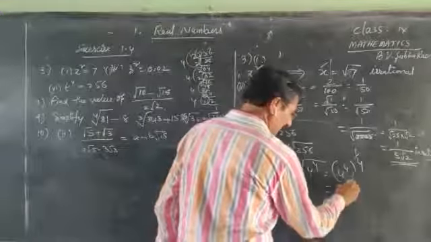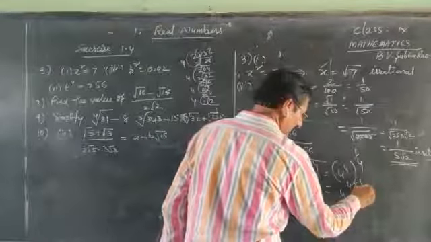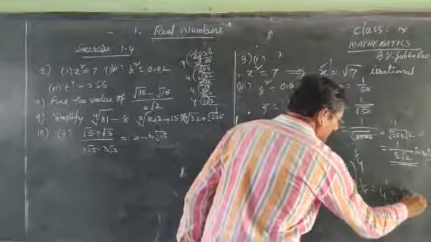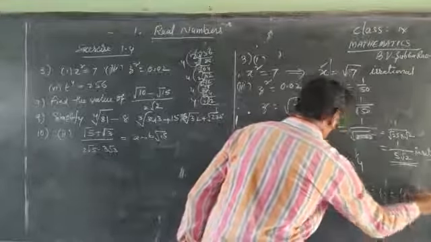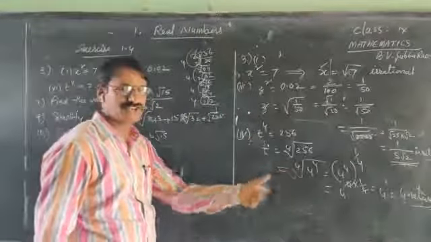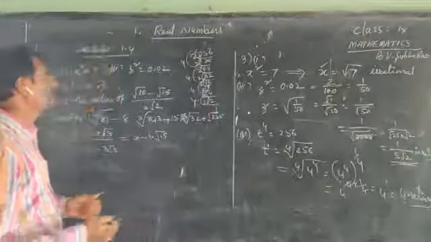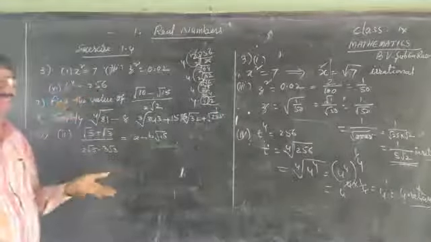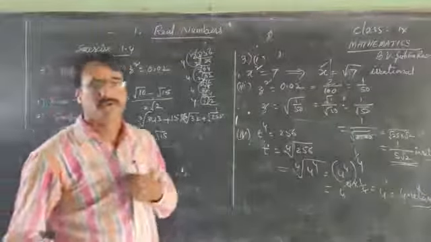Equal to 4 to the power of 4 into 1 by 4. The 4s cancel. 4 to the power of 1 is nothing but 4, which is a rational number.